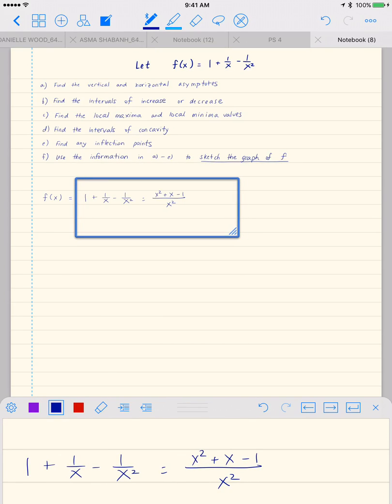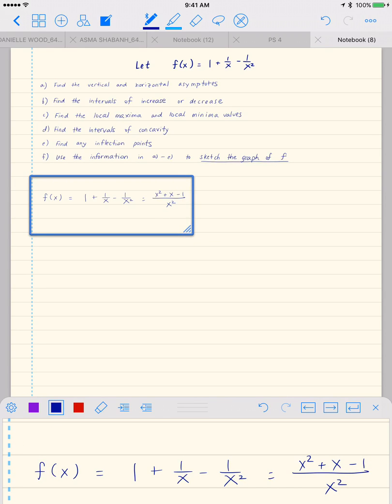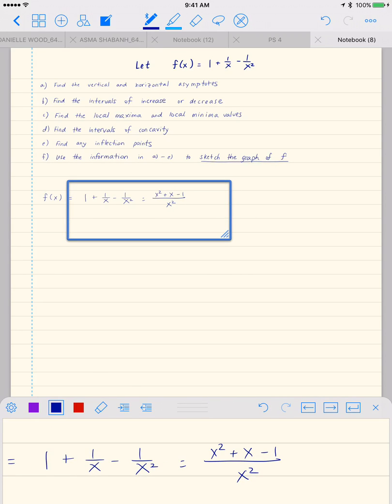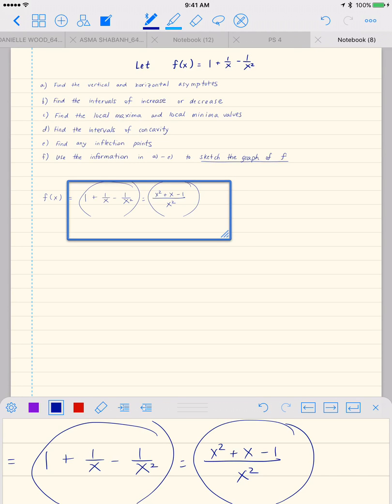Okay, so we'll go back and forth between which form we use, because these are both equivalent. Sometimes it'll be more convenient to use this form, sometimes that form.